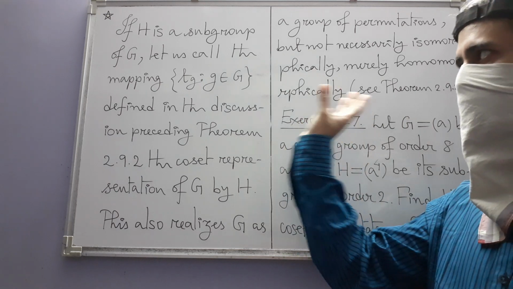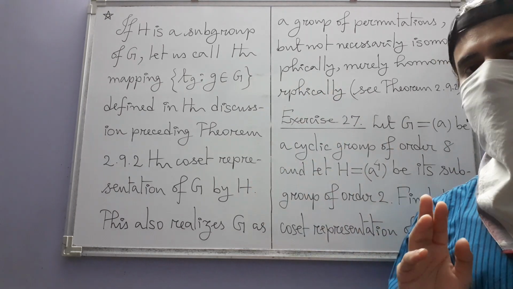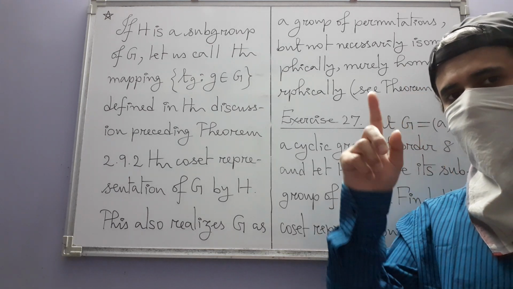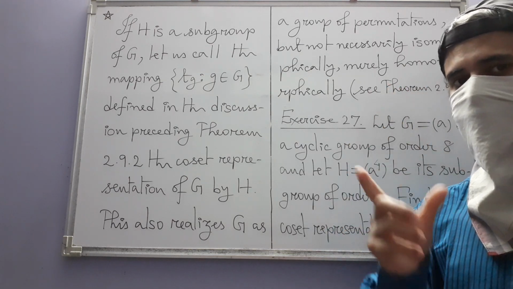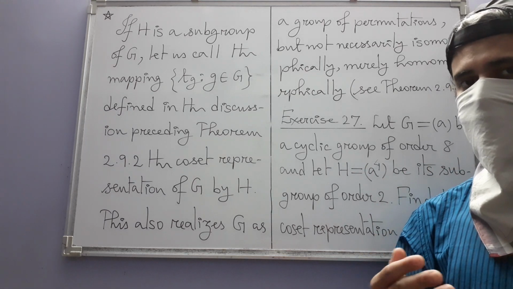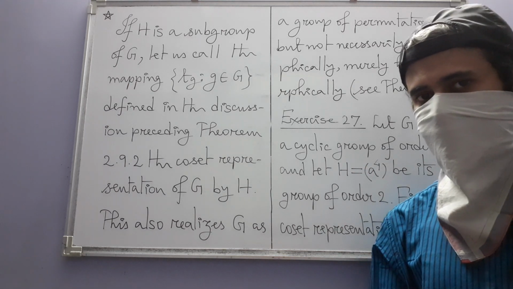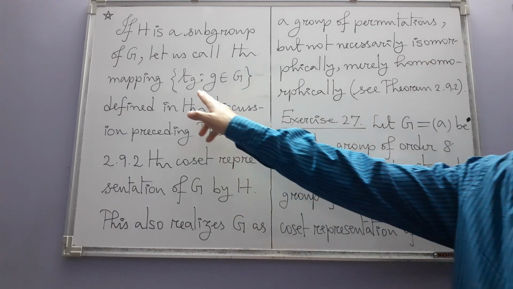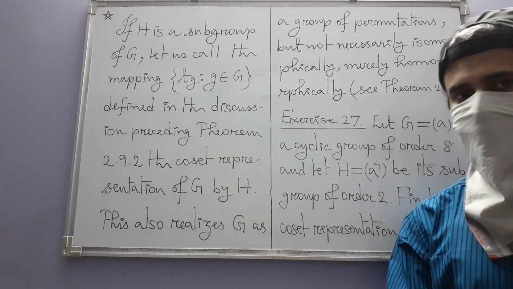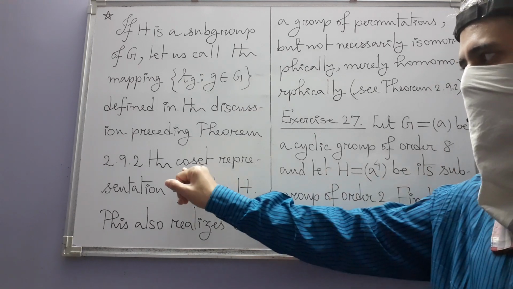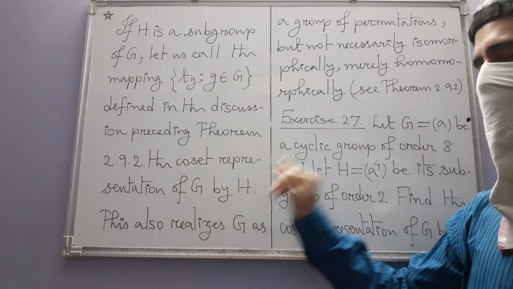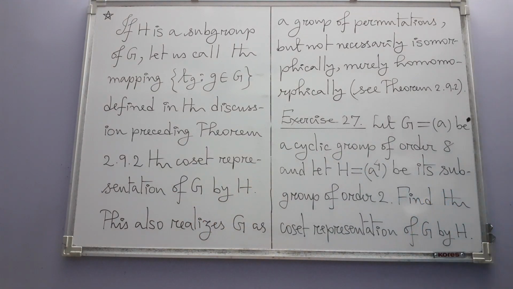Now these functions Tg give us a representation of G, just like previously those functions tau G gave us the permutation representation, the functions lambda G gave us the second permutation representation. So here also these functions Tg are going to give us a kind of representation. We are going to call that representation the coset representation of the group G by the subgroup H.